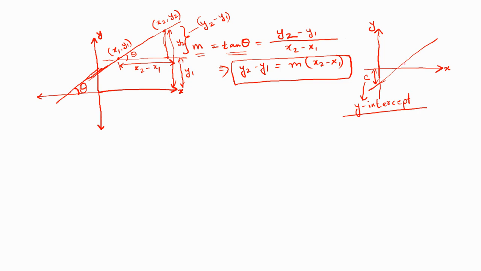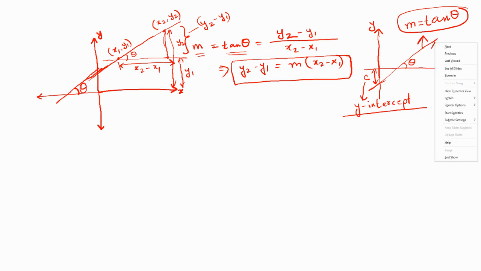And let's say this straight line is creating an angle theta with the positive x-axis. Okay, so in that case, what we call as slope here, m, is equal to the tangent of this angle theta. We define that as the slope of this straight line.